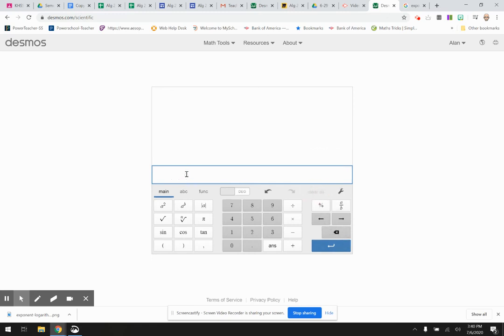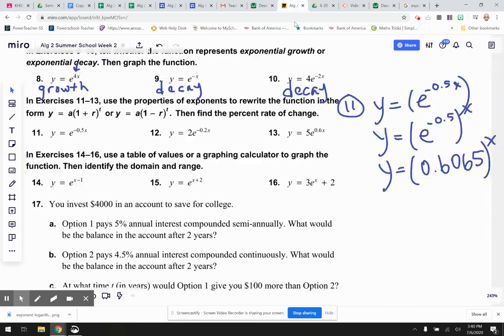Okay, so let's take 0.6065 and subtract 1 from it. It's going to leave us with 0.3935. So that means this 0.6065, you could actually rewrite that as 1 minus 0.3935 to the x power.